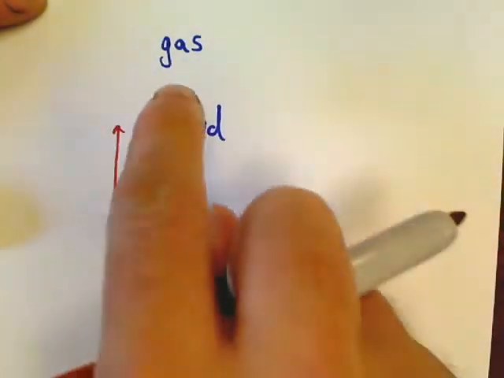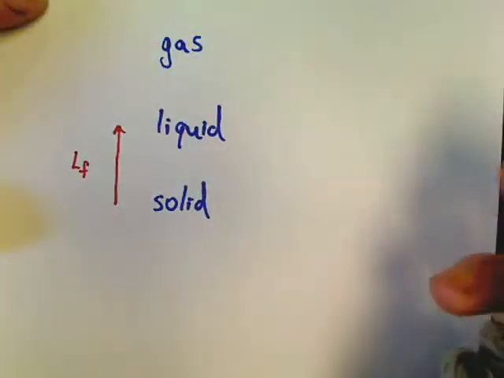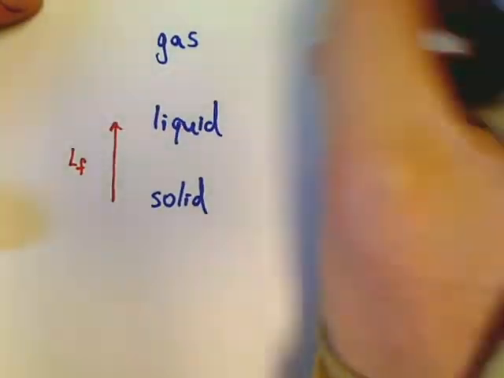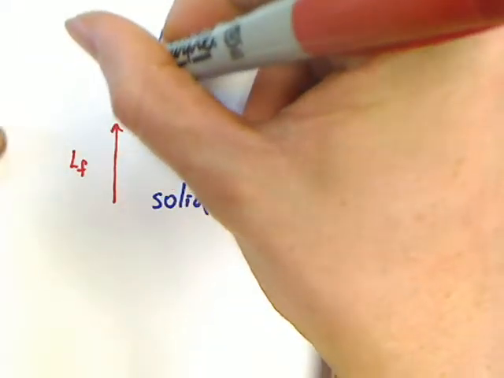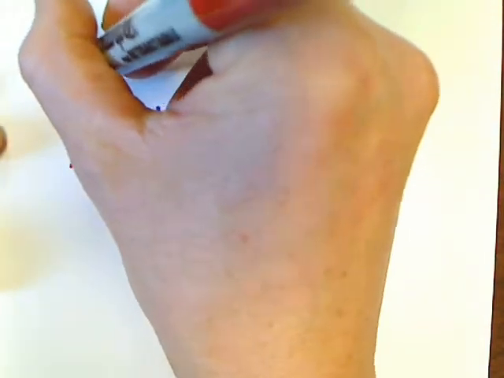Well, a solid to a liquid or a liquid to a solid, this is talking about an LF, latent heat of fusion. And then if you get into a liquid or a gas, this is where we're talking about vaporizing something. So we call this an LV.